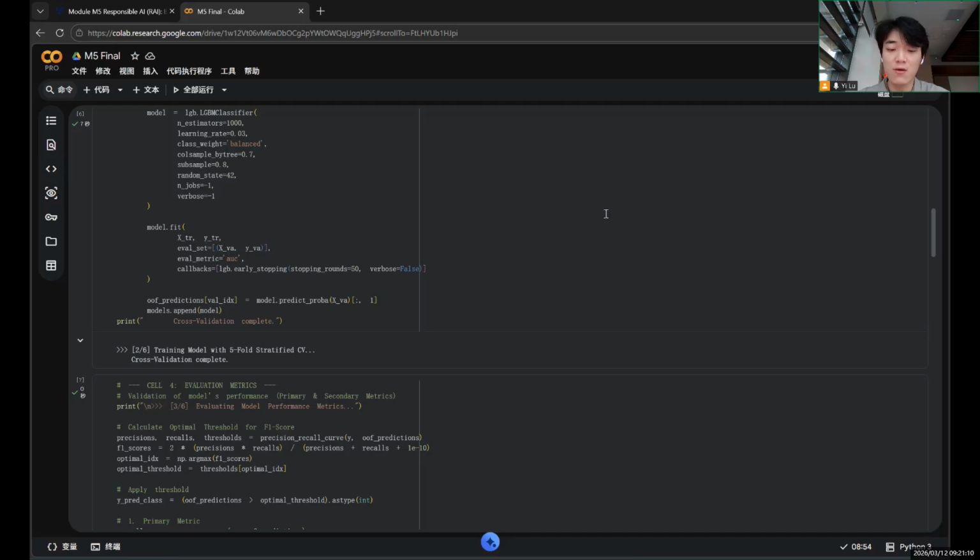Relying on simple accuracy here would be highly misleading. Therefore, I optimized and evaluated the model using ROC-AUC as the primary metric and PR-AUC, average precision, as the second metric. This ensures that our baseline model is mathematically reliable before we adjust for fairness effects.